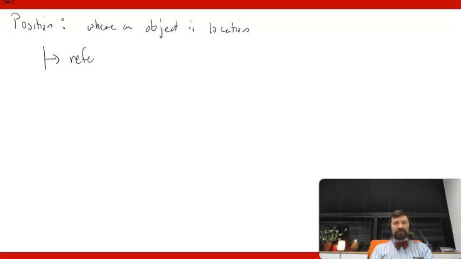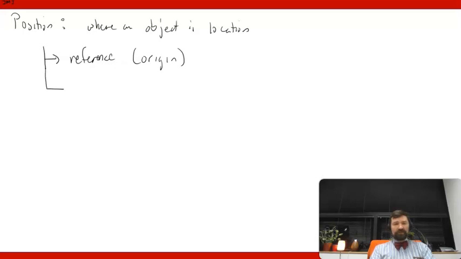What do they mean? Well, position is basically where an object is located. You need really two things in order to define position. So position is, you could say, where an object is located, or what the object's location is. And you need a reference point, which is typically taken to be the origin.